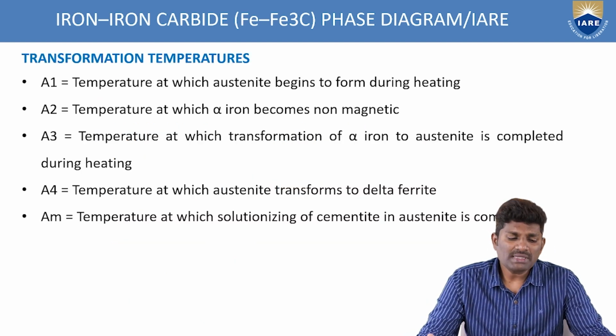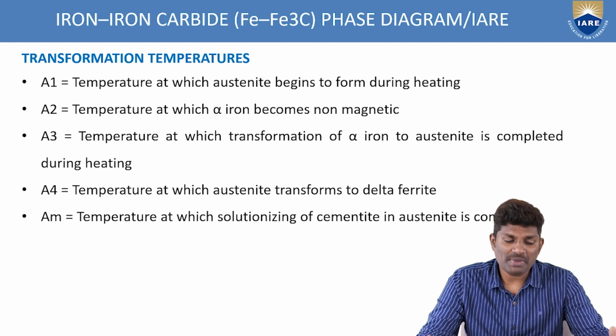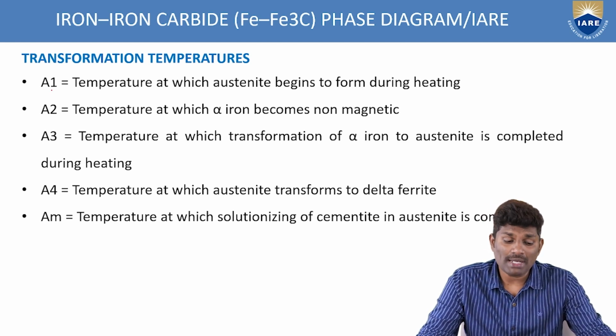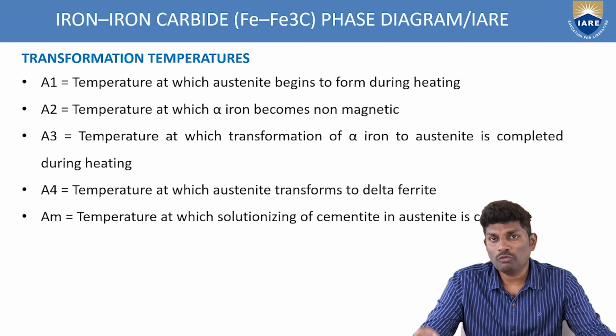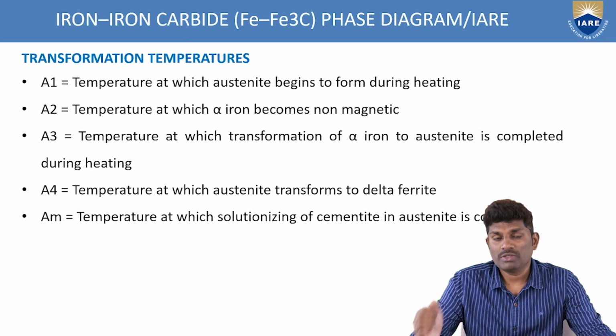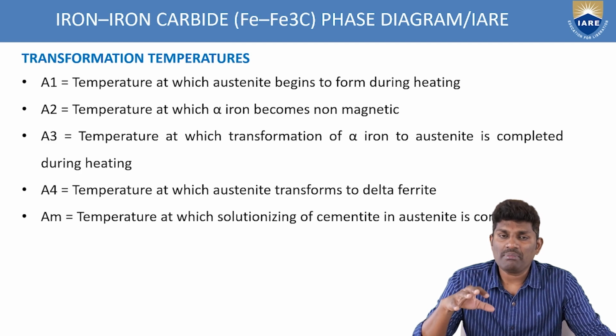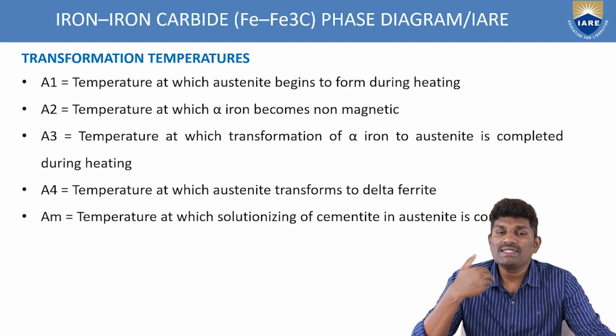During this transformation, what are the transformation temperatures we can observe? The first one is called A1. A1 is the temperature at which austenite begins to form during the heating process. So when you heat the pure iron, at some temperature the austenite begins.